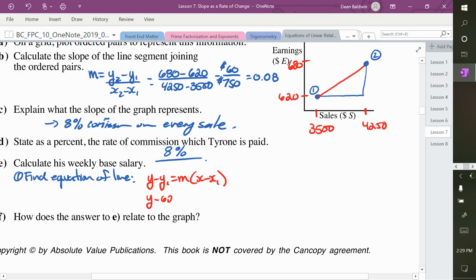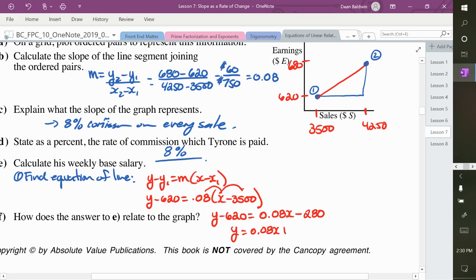So this gets multiplied in there. That gets moved over, and you get 0.08x plus 340.